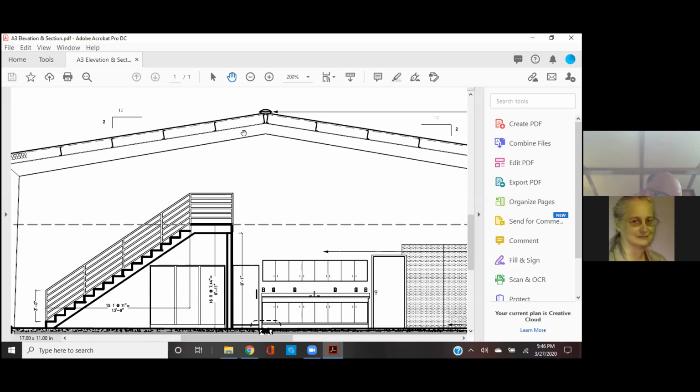Yeah. 15 times 2,500 is 37,500. Plus the area under the pitch is. Okay, so that's 37,500 plus 112.5 times 2,500.